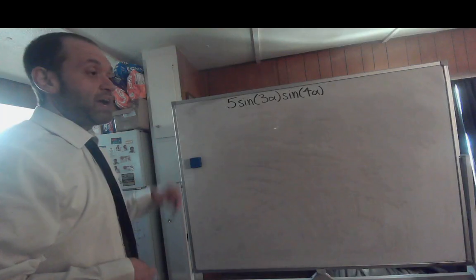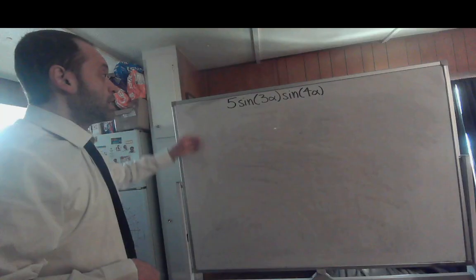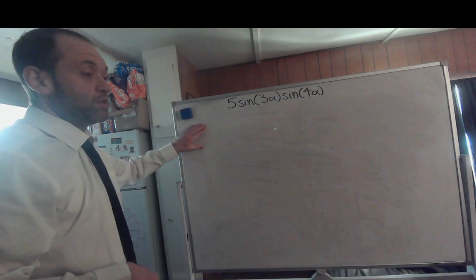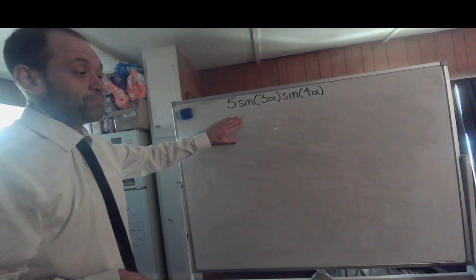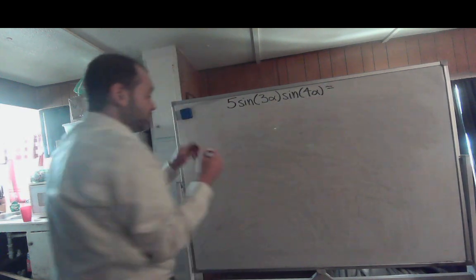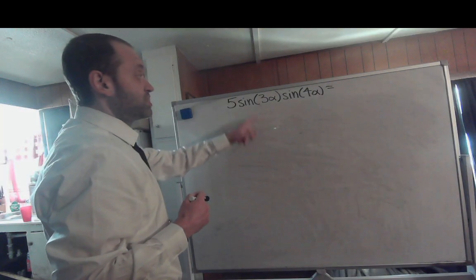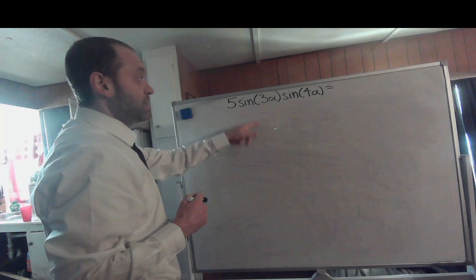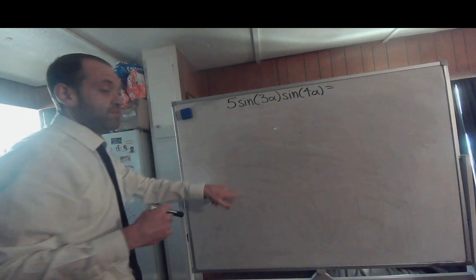Now, I might suggest something here, though. If you don't want to deal with an extra negative sign, I'm going to highly suggest that what you do, especially since they're the same function, you would switch this around to have the sine of 4 alpha first, then the sine of 3 alpha.